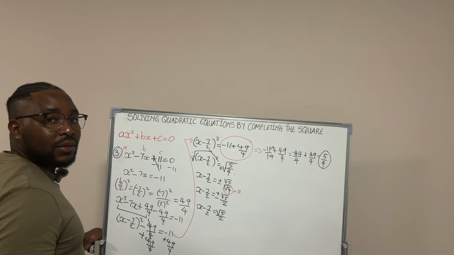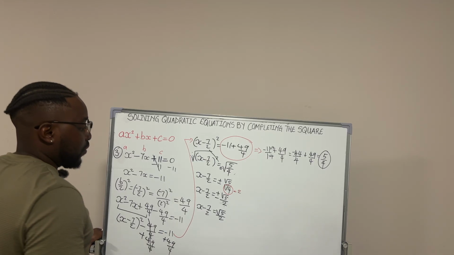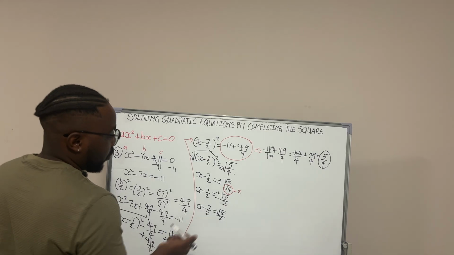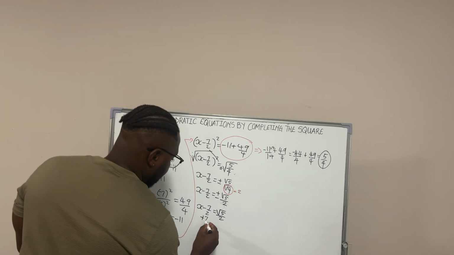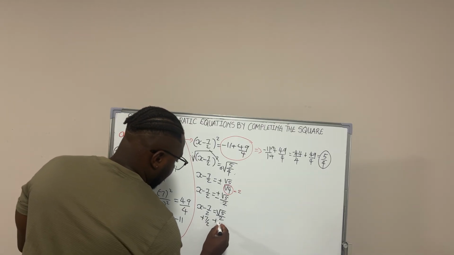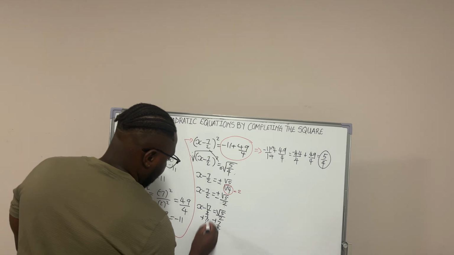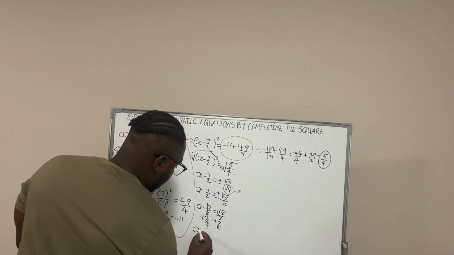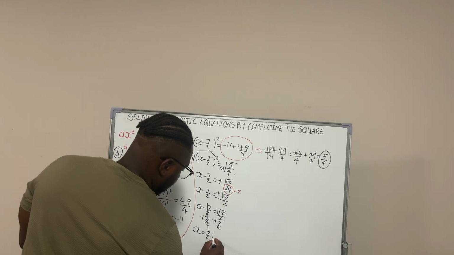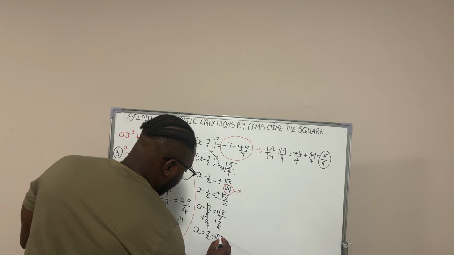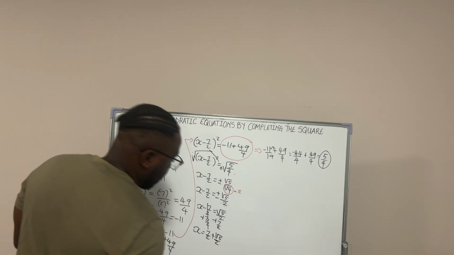Let us get rid of 7 over 2, so we can find the value of x. And how do we do that? We just add 7 over 2 to both sides of our equation. These two cancel out. We shall be left with x equal to 7 over 2 plus square root of 5 over 2.